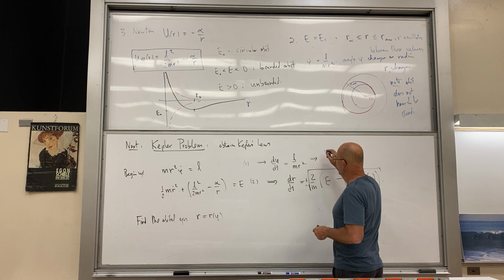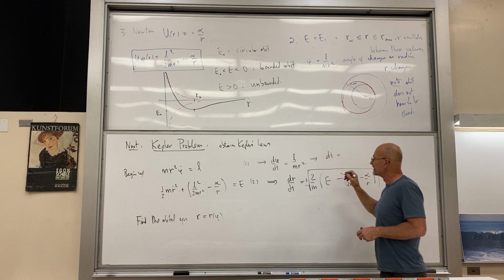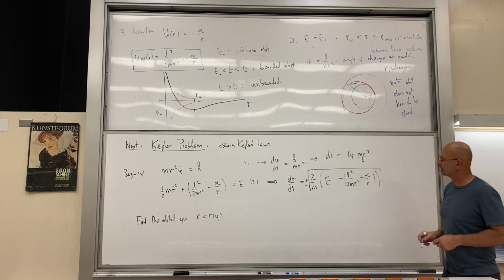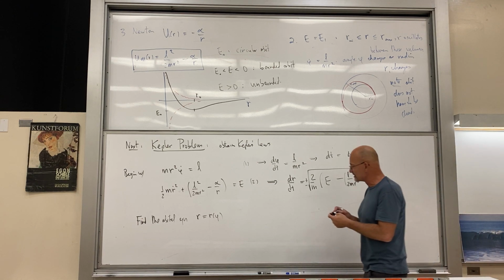So from the first equation, we have dt is equal to d phi times mr squared over L, just by cross multiplying. And then we can make that substitution.